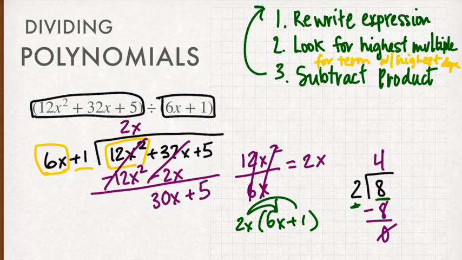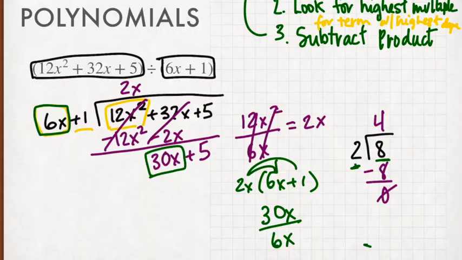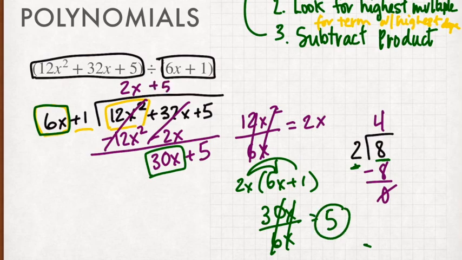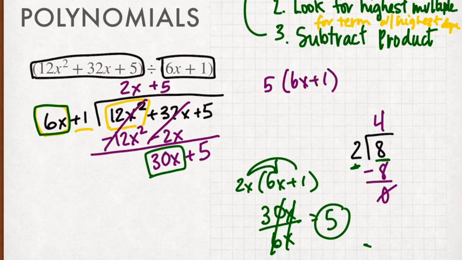And then I'm going to repeat the process. I'm still going to be looking at my 6x because it has the highest degree, and in this case, 30x because that term has the highest degree. 30x divided by 6x, let me take care of that coefficient first. 30 divided by 6 is going to give me a 5, and x divided by x is going to give me a 1. 5 times 6x plus 1 gives me 30x, and that gives me a 5.